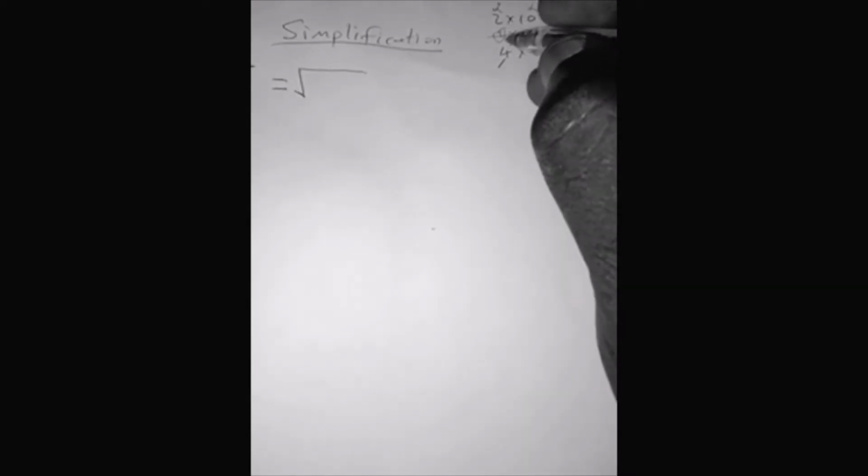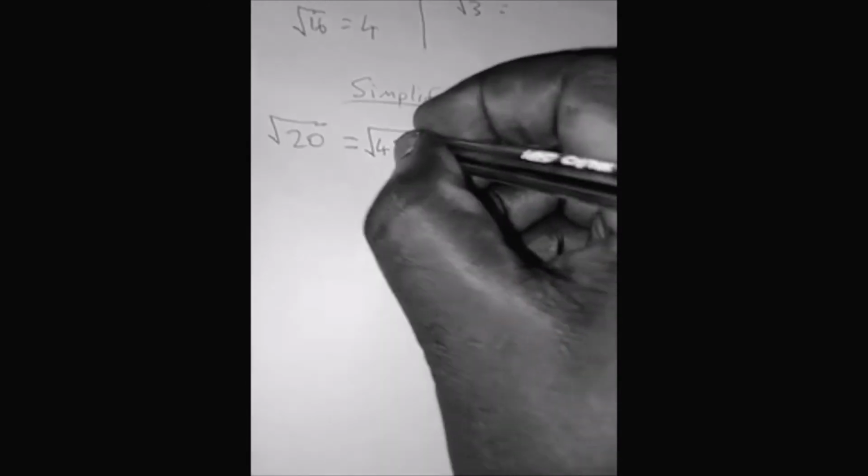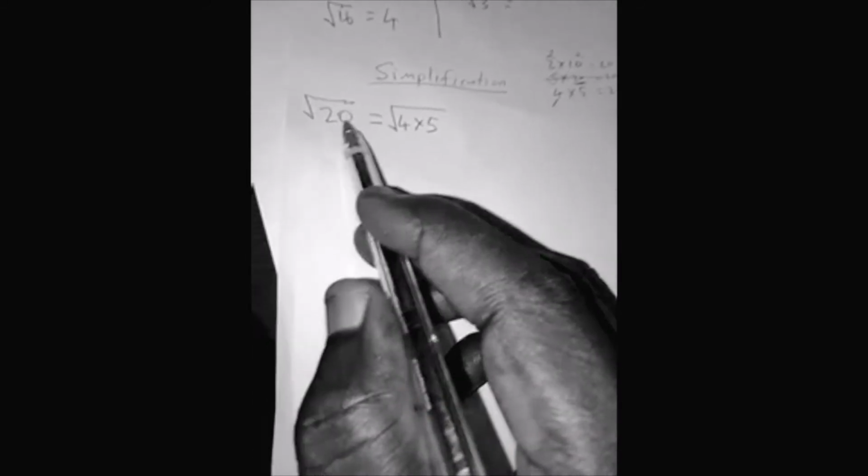Then let me try another one. 4 times 5 also will give me 20. So if I'm having 4 times 5 to be 20, then let me just look. This one is a perfect square, in which when I take the square root, I will get 2. And this one is non-perfect square. So for that, I will just give 4 times 5, and this 4 times 5 represents the 20 over here.